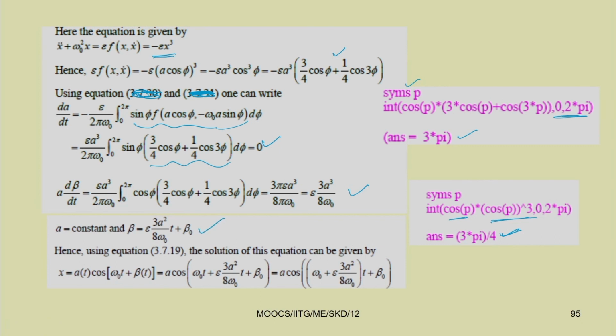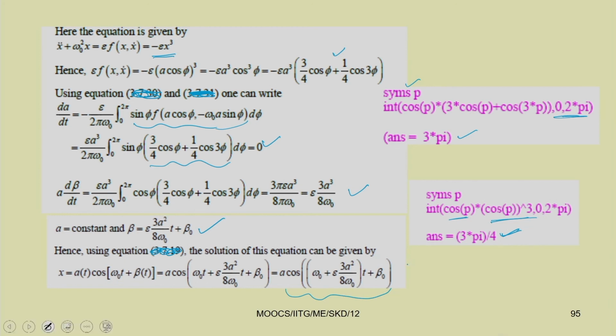So, by using this equation, you can also write the solution of the equation as x at cos omega 0 t plus beta t equal to a cos omega 0 t plus epsilon 3 a square by 8 omega 0 t plus beta 0. So, you have solved this equation using the Lindstedt-Poincare method.